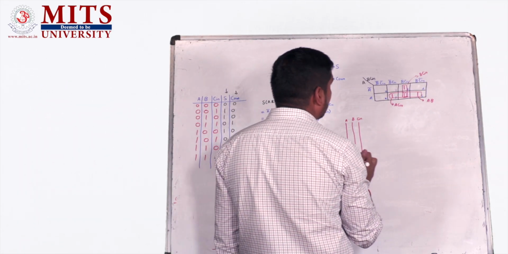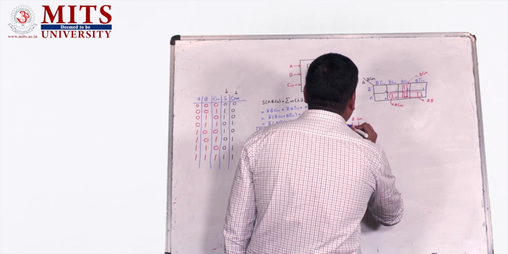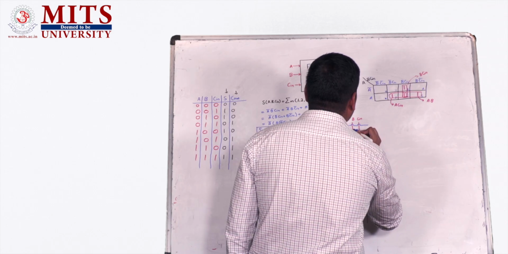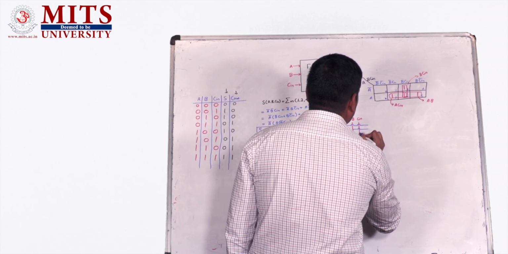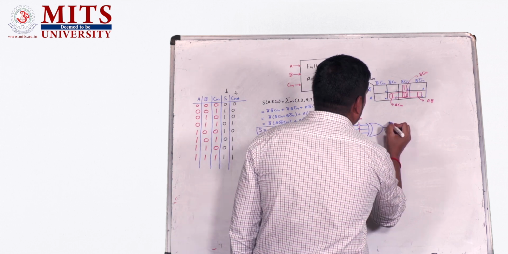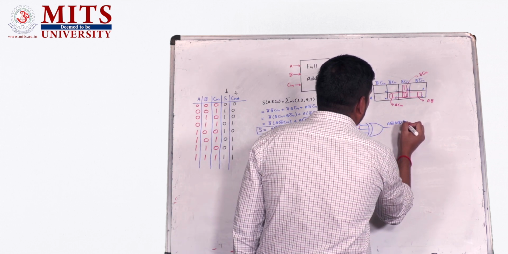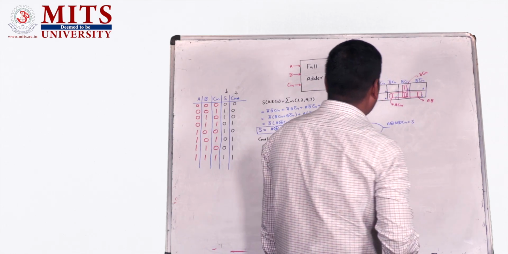Now for the sum output, we only need one 3-input XOR gate. So we will take A, we will take B, we will take C in. A XOR B XOR C in.